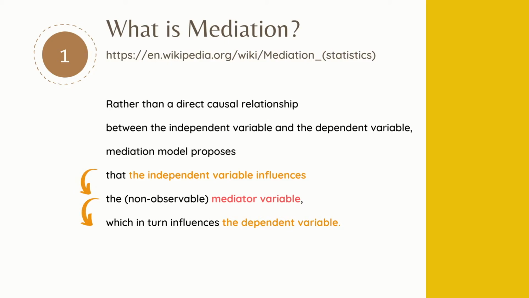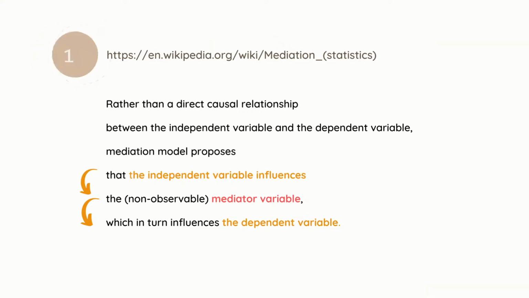Rather than a direct causal relationship between the independent and dependent variable, a mediation model proposes that the independent variable influences the mediator, and the mediator, in turn, influences the dependent variable.